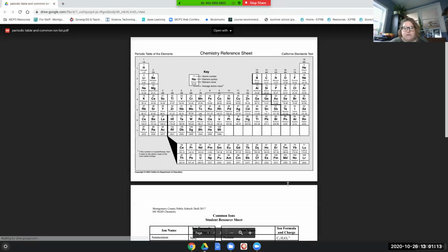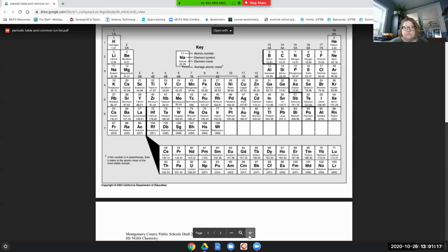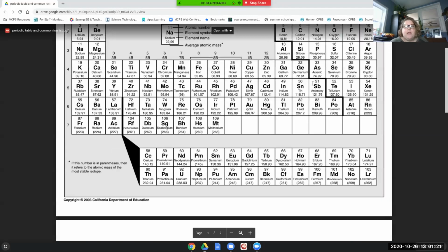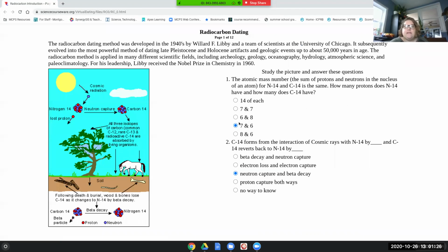So if I zoom in, nitrogen has 7 protons, carbon has 6 protons. So because nitrogen 14 is first, that's 7 and 6. And we reviewed this in class, but also here talks about cosmic rays with N14 by blank.